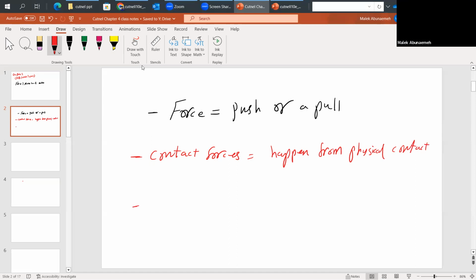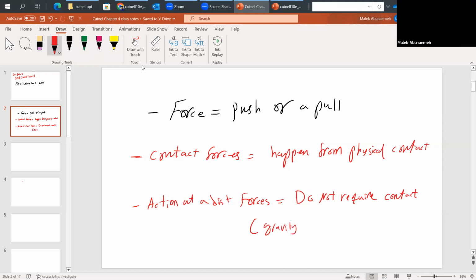And you have action at a distance forces. They do not require contact, such as gravity, for instance, or electrical forces.